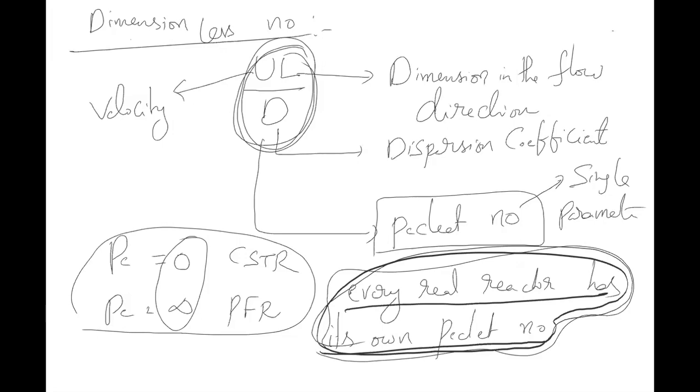Dispersion number is different from Peclet number. Damköhler number is different. So these are single parameter models.